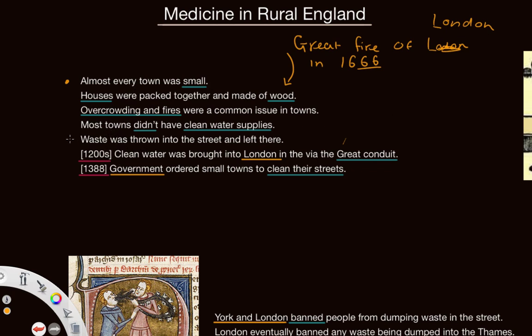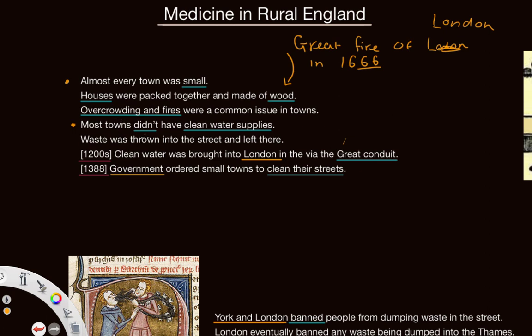One of the main problems for hygiene and diseases was that towns didn't have clean water supplies. There was also no effective disposal of waste for these small towns, because they didn't have the money to create intricate systems to make sure that there was clean water and places for waste to go.